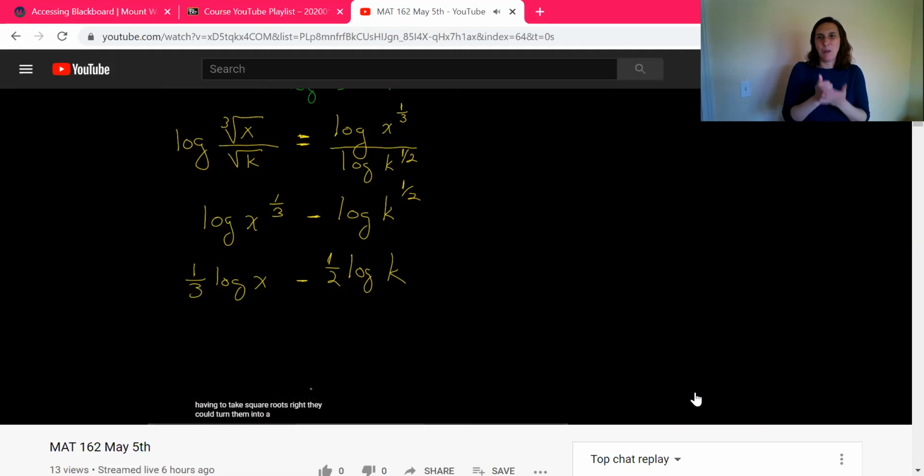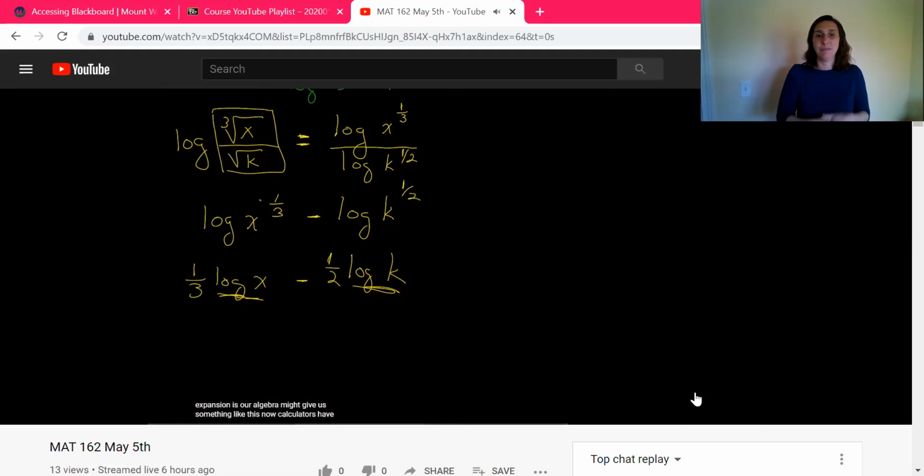Right? They could turn them into a multiplication by a half. The whole purpose of logs and log calculations were set up so that mathematics could get easier for people for certain higher level things, powers, square roots. But you had to have a table of what your log values were. So you pushed all your problem into having the table here instead of having to do cube roots. You know, well, if I know what the log of the number is, I just take a third of that. And that's the utility of this type of expansion is our algebra might give us something like this.